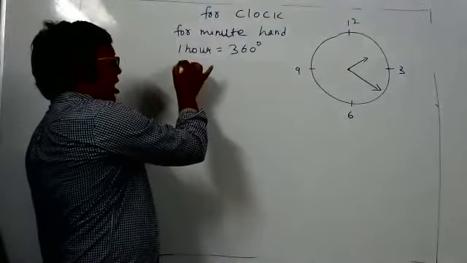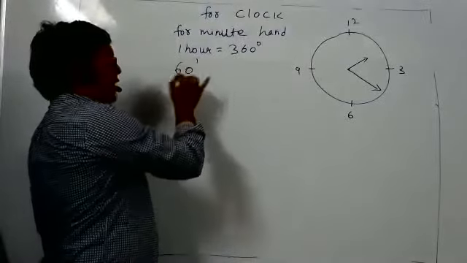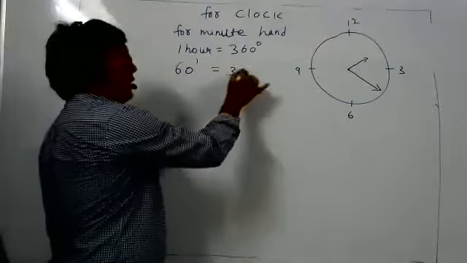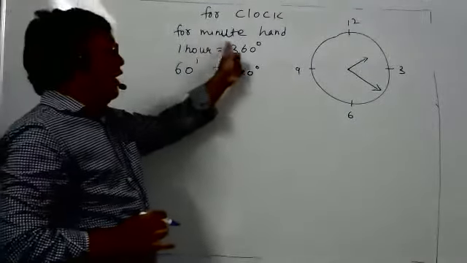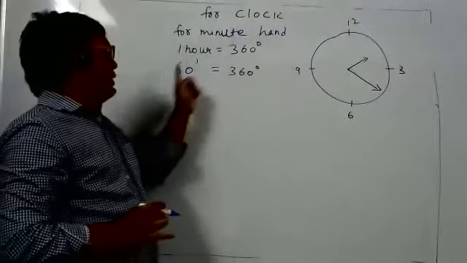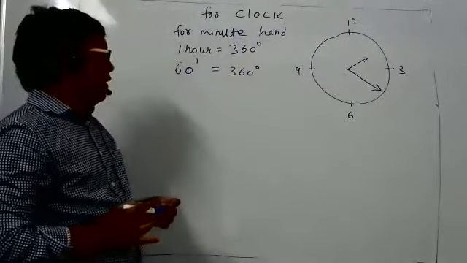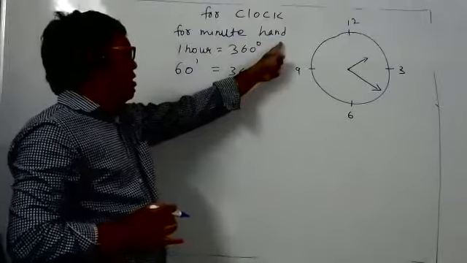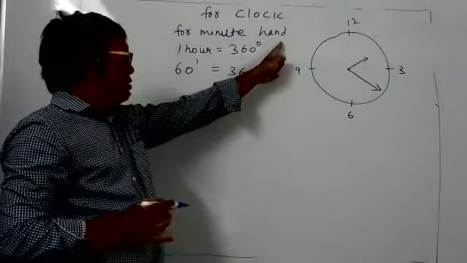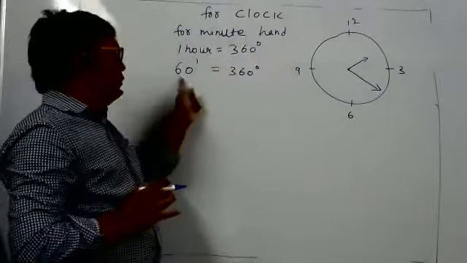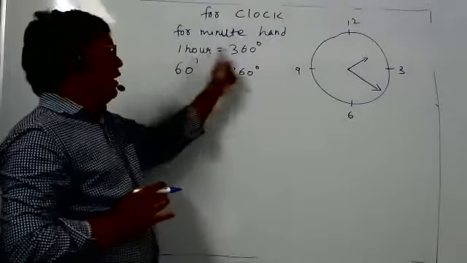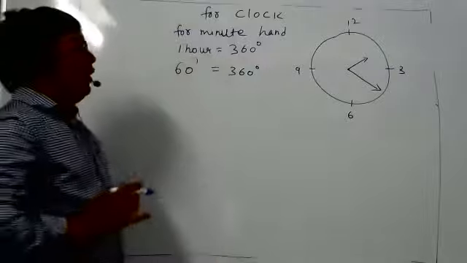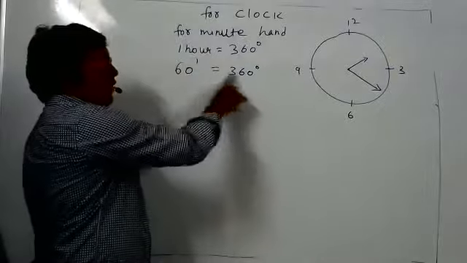So I can say 60 minutes is equal to 360 degrees. This means the minute hand in 60 minutes will cover 360 degrees. The minute hand in 1 hour will cover 360 degrees.